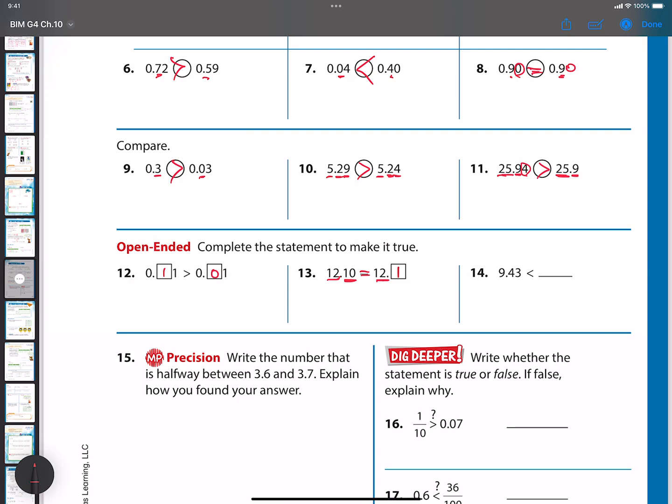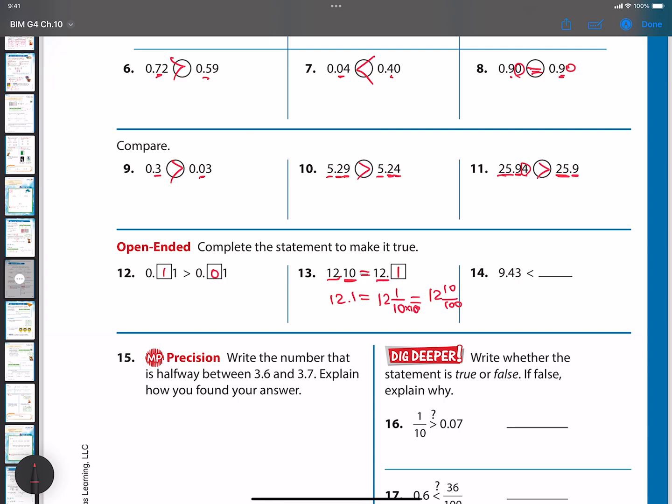You're going to learn that in 5th grade, but I think I explained it to you already when I explained the tens place and hundreds place. Do you remember? 12.1 is equivalent to what? 12 and 1/10, right? And that is equivalent to 12 and 10 over 100. Because what did I do?